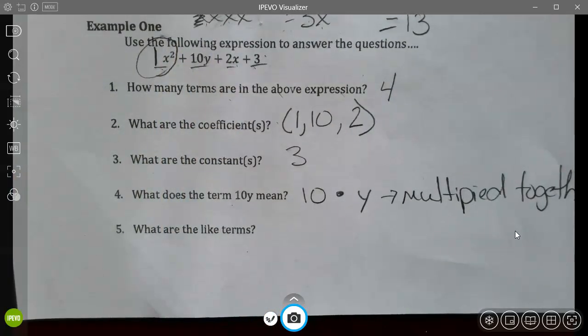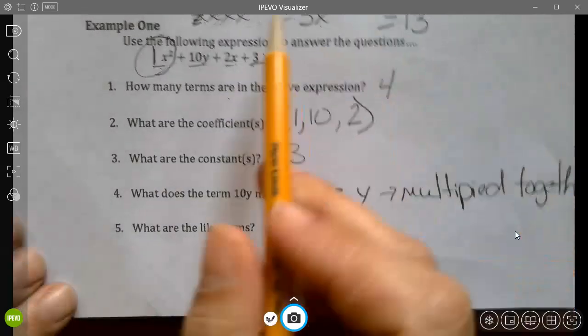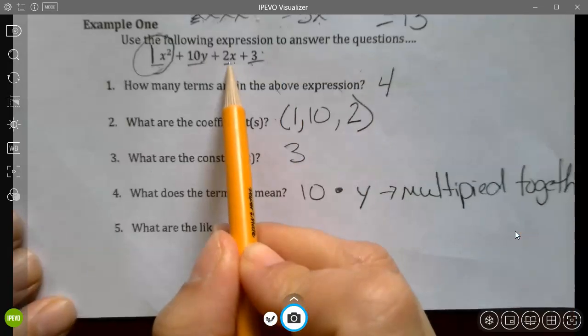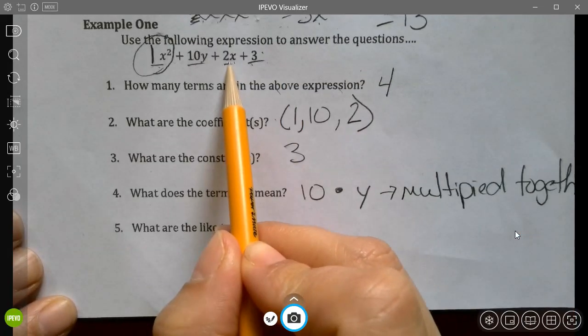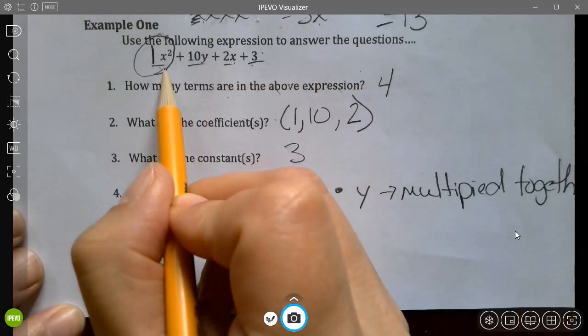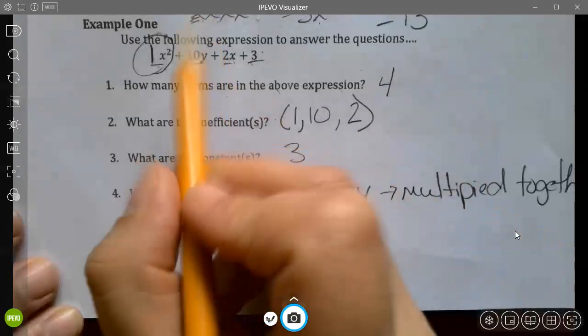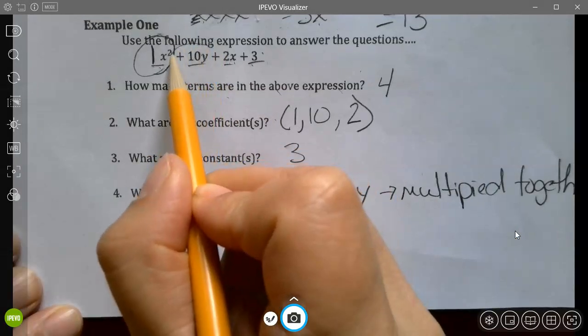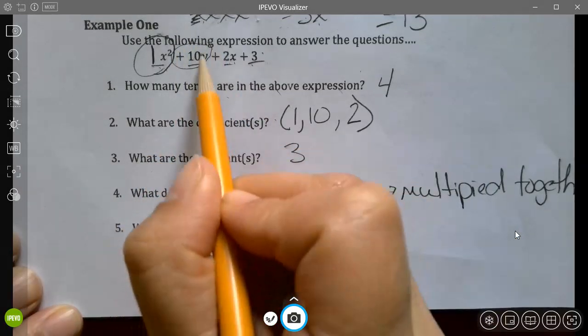So do I see another x? Yes, I do. I see another x. But is that to the second power? No. So I cannot do anything with that yet. Go to the next one. It doesn't have any like terms, so I go to my next one.